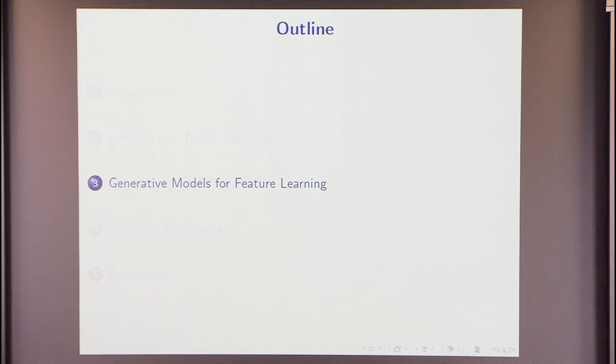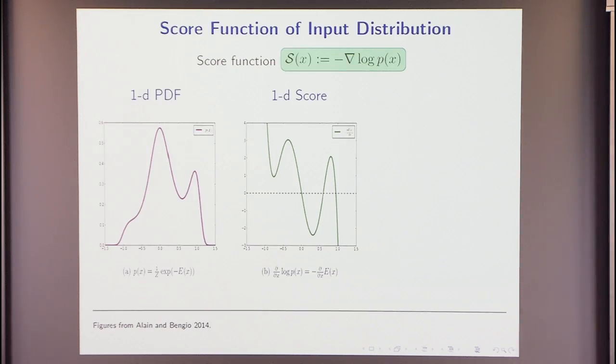So let's incorporate now a generative model for the input. First I'll show you some possible feature constructions, and then I'll justify why they are the right ones to look at. The popular one that's been used before is the so-called score function, which is the gradient of the log of the density function.